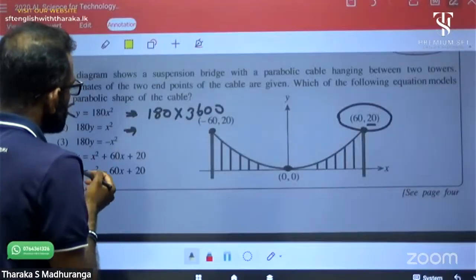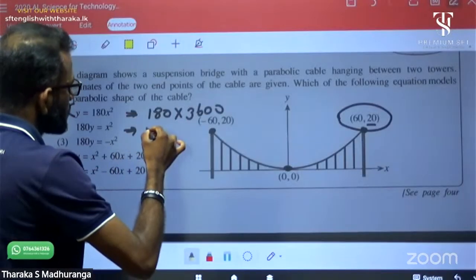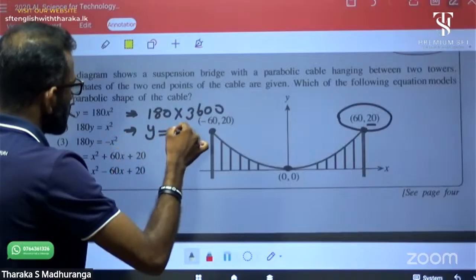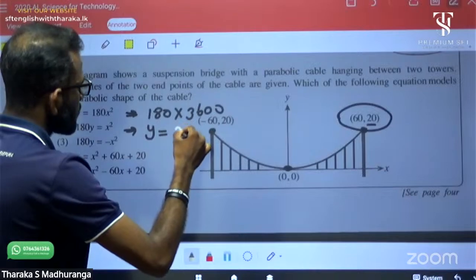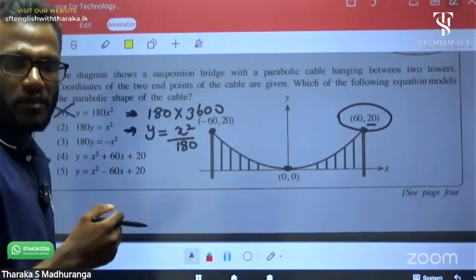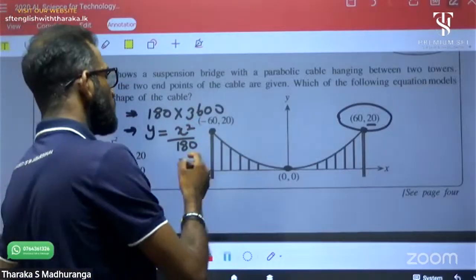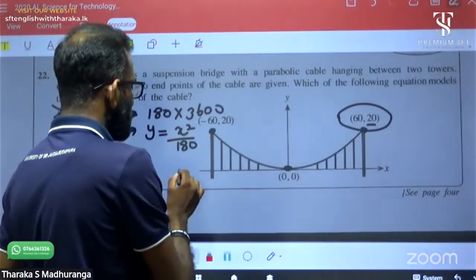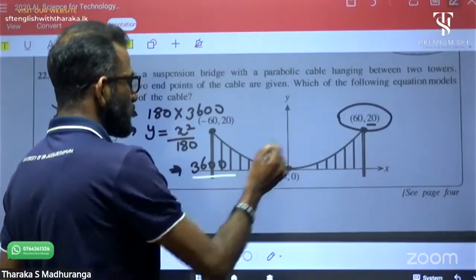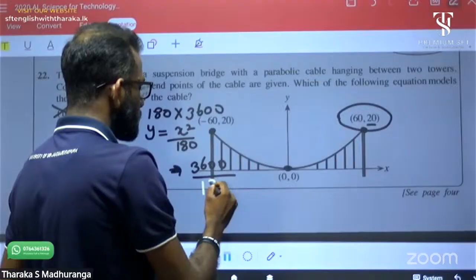Second one problem, it is not given in correct order. Actually, y equal, you have to convert into correct order. Y equal x squared over 180 is actual order. Now you can substitute x squared 3600, 180.